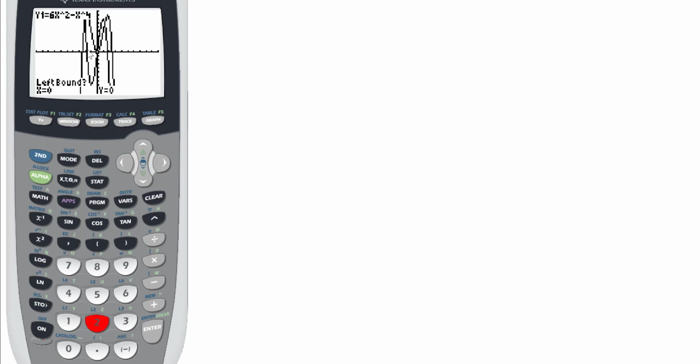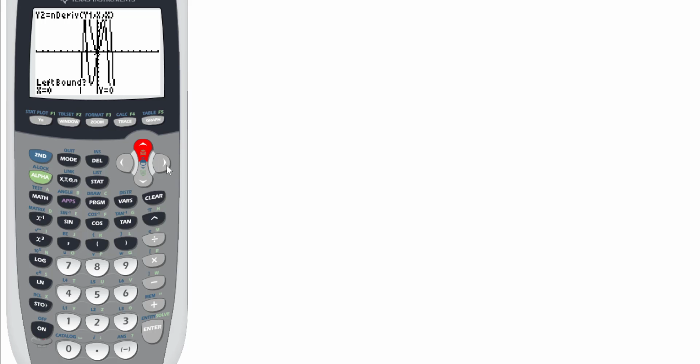In order to move between functions, you use the up arrow and the down arrow. That moves it between functions. So watch, if I hit the up arrow, it goes from y1 equals 6x squared minus x to the fourth to y2, nDeriv of y1 comma x comma x. I can keep going back and forth, and it shows my y1 and y2. So when I want to find my left bound, I want to do it on the derivative function.